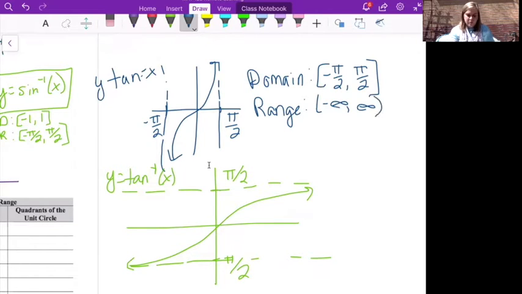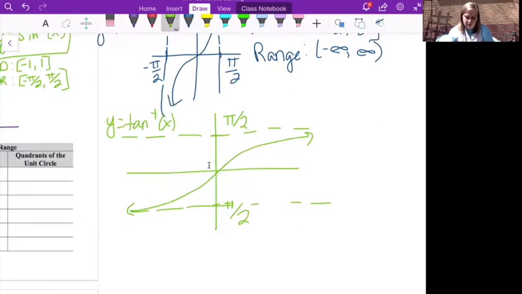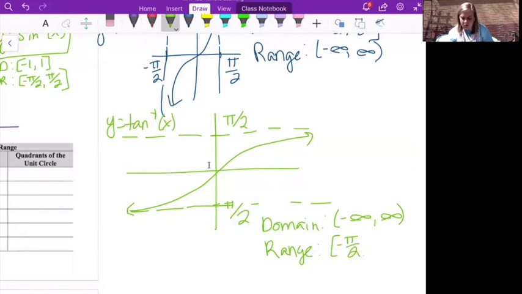So now whenever we switch that to find the inverse, now our domain for tangent inverse is negative infinity to infinity. So we can take tangent inverse of anything, but then our range is going to be between negative pi over 2 and pi over 2.